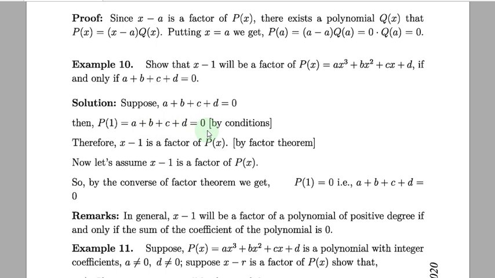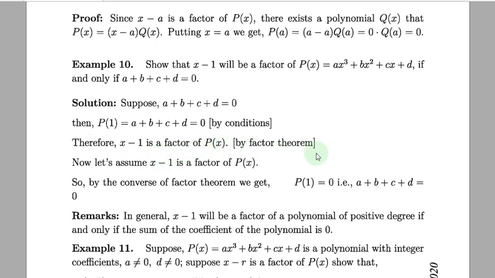From the factor theorem, you know that if p(a) is equal to 0, then x minus a is a factor. Here it is divided by x minus 1, and you can find that p(1) is equal to 0, so we can say that x minus 1 is a factor of p(x) by the factor theorem.